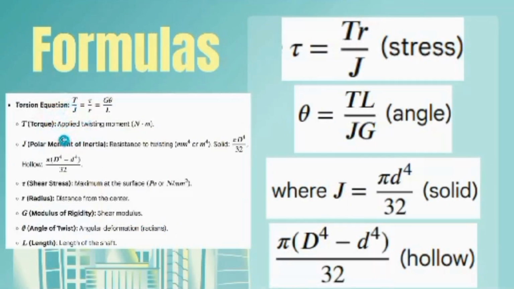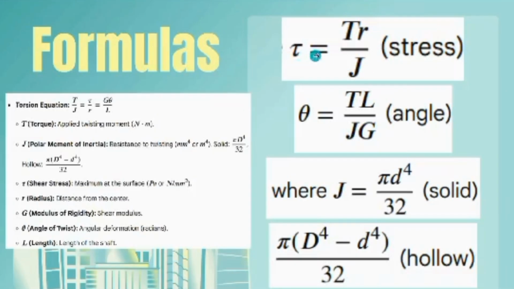In the torsion equation, we have torque over polar moment of inertia equals shear stress over radius equals modulus of rigidity times angle of twist over length. And on the right side here, we have how to get the stress formula.